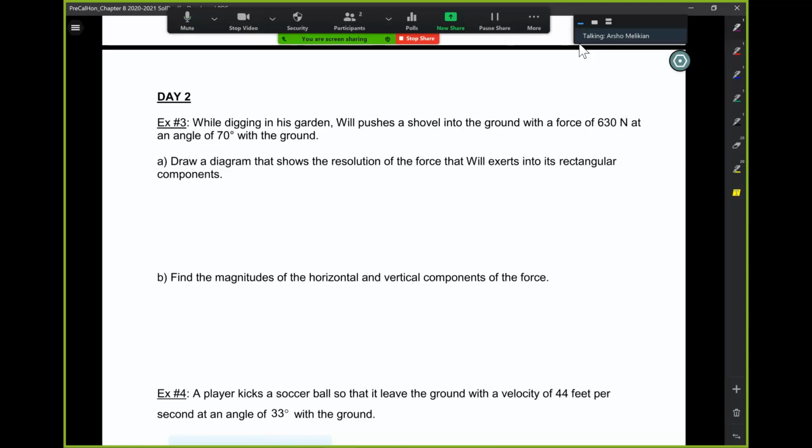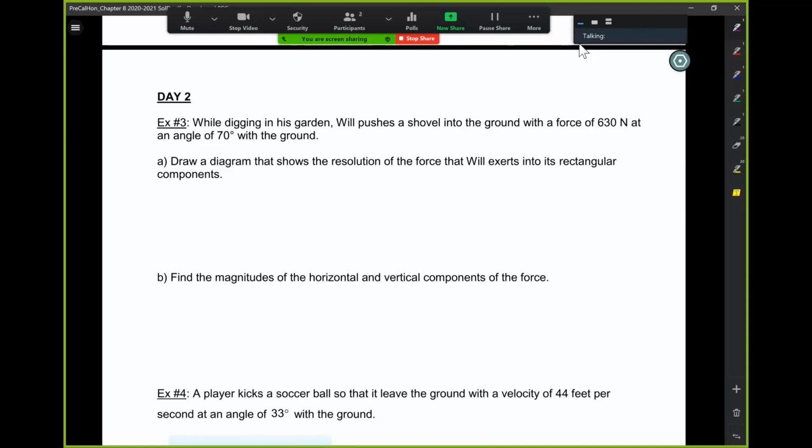Okay, let's draw one. So picture somebody just holding a shovel to the ground. There is force being exerted from your arm to the ground, and that force is traveling through that shovel.